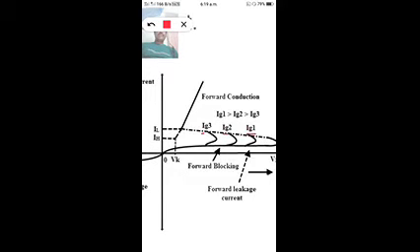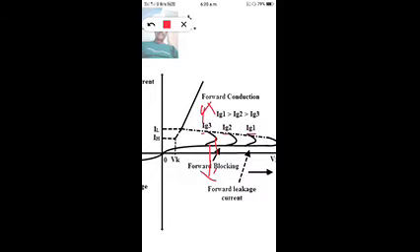So when we increase the gate triggering current, the breakover voltage is going to be reduced.